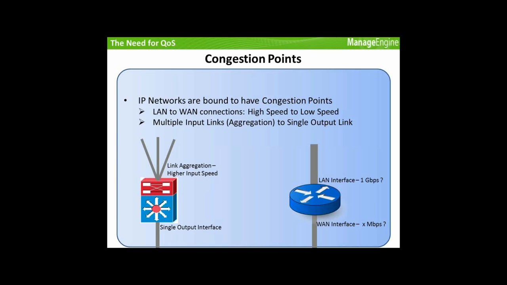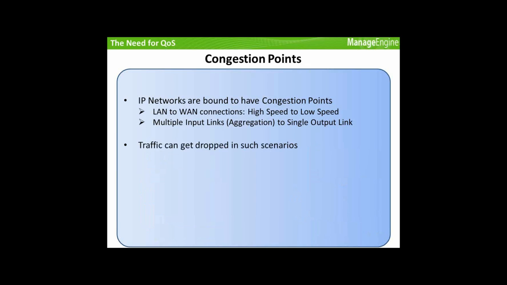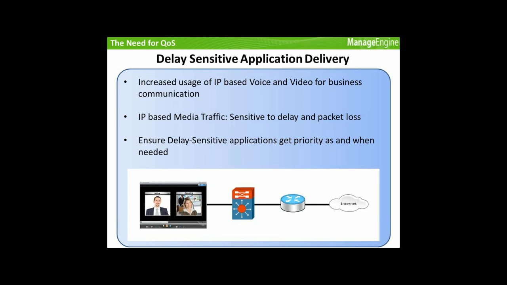On the LAN you would typically have high speed interfaces, and WAN interfaces do not have the same speed as your LAN interfaces. This speed mismatch causes congestion points, which are scenarios where traffic drop can happen. QoS gives you control over what data is dropped, when, where and how it is dropped.